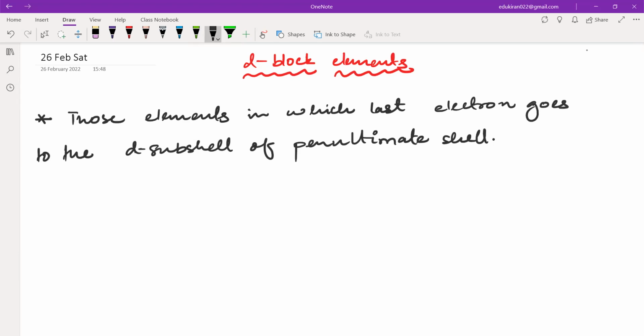That means if you have four shells, it will be going to the 3D subshell. If you have 5 shells, then it will be going to the 4D subshell. So please remember this. Those elements in which the last electron goes to the D subshell of the penultimate shell are D block elements.